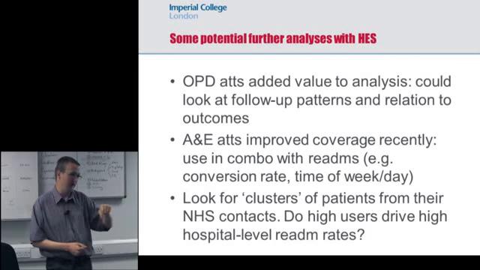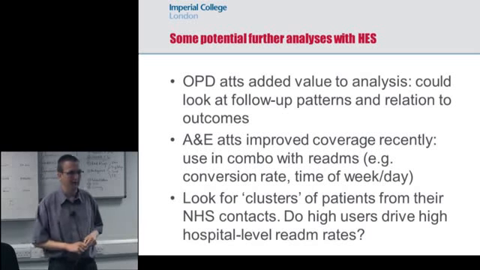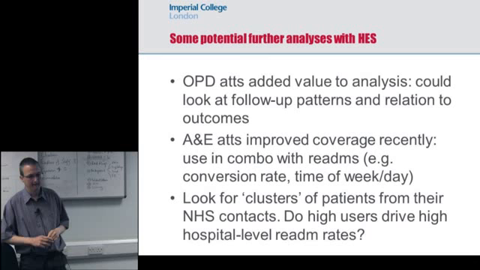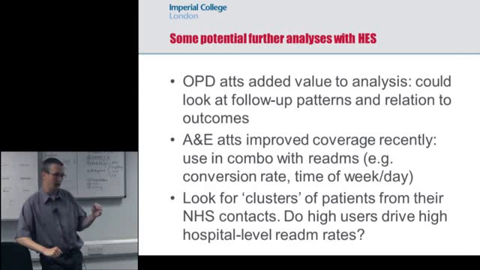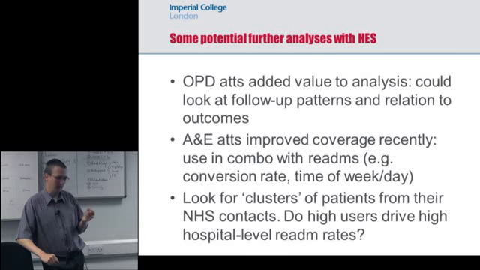If you look at them after the index admission, so in terms of how patients are followed up after their index heart failure admission, and see if that relates to outcomes, that might be worth doing. So for instance, was the patient followed up, seen by a cardiologist in outpatients, or were they seen by general medicine in outpatients afterwards? The suggestion from the audit is that cardiologists have a key role in following up, as we saw in the correlations earlier, plus their report. So that would be worth doing.